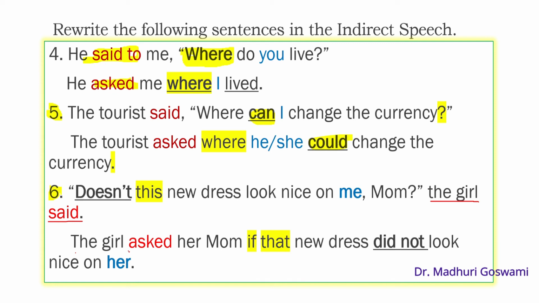So it will become, the girl asked her mom if that new dress did not look nice on her. Doesn't becomes did not. This becomes that. Me becomes her. And as usual, this reporting verb said becomes asked.